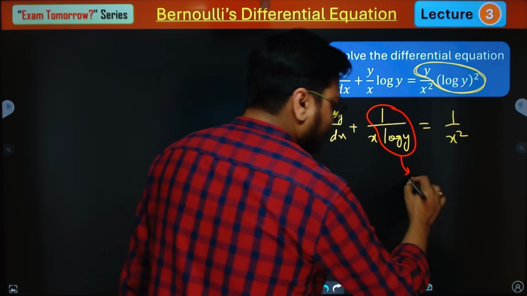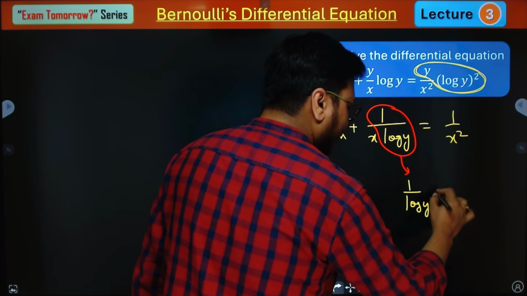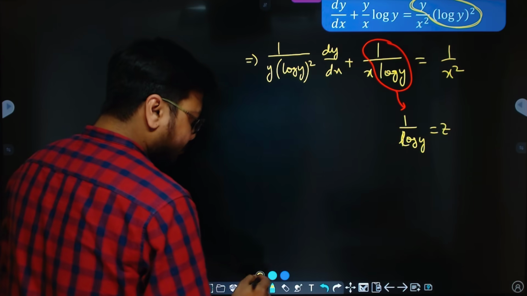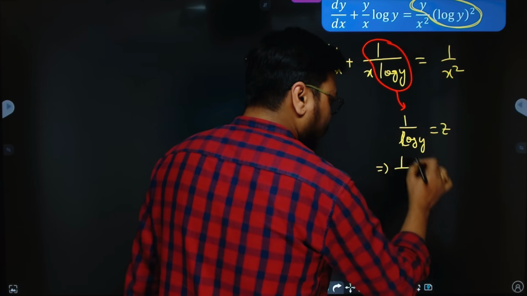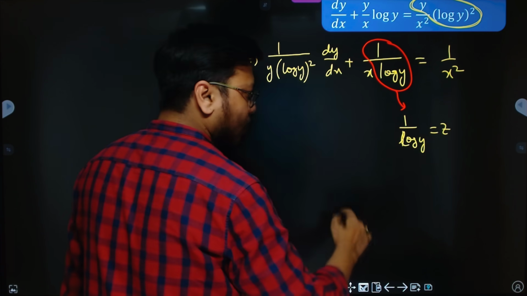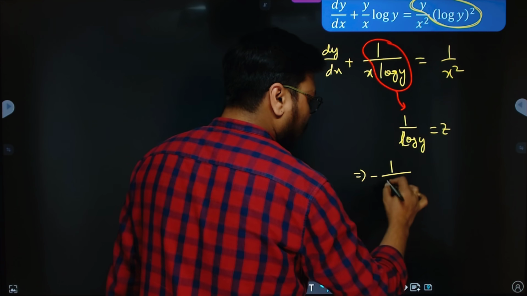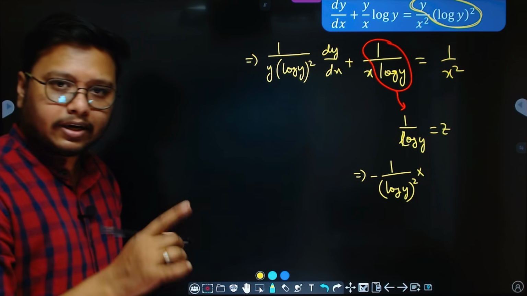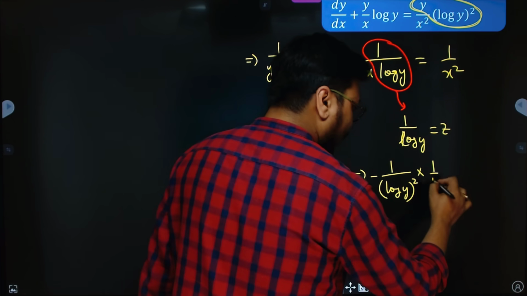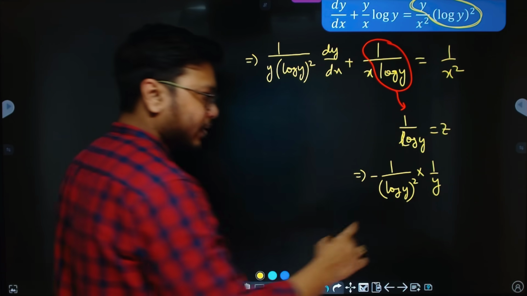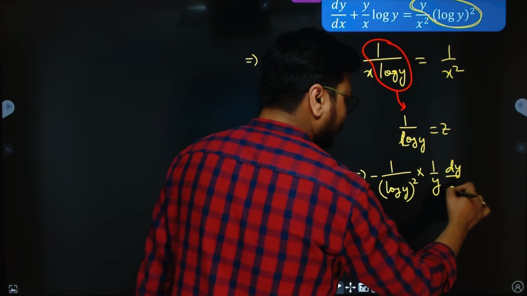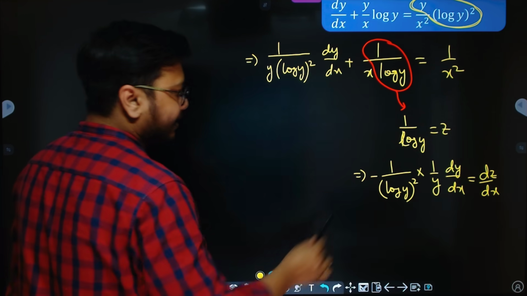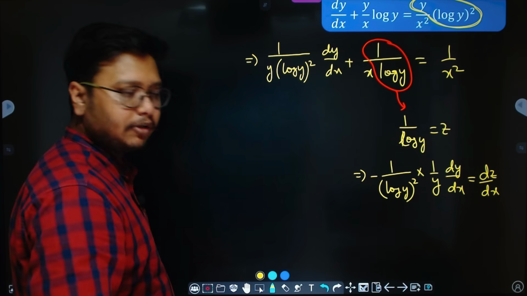So if I substitute 1 by log y equals z and differentiate, the derivative of 1 by log y is minus 1 by (log y) whole square, followed by chain rule, derivative of log y is 1 by y. We are differentiating with respect to x, so followed by dy/dx equals dz/dx. If I get rid of the minus sign, I have created the first term.